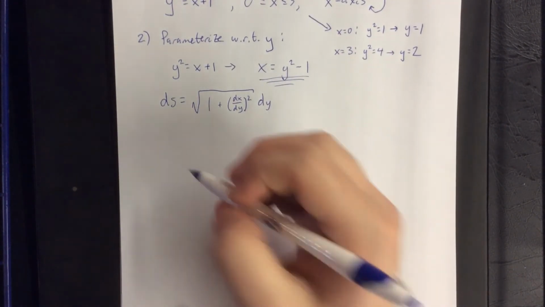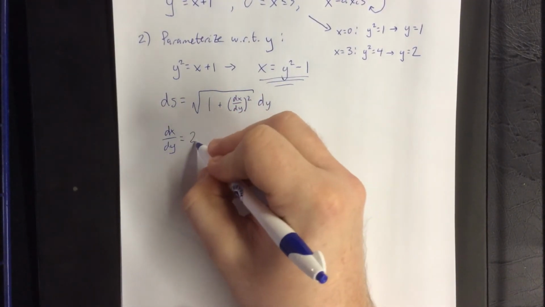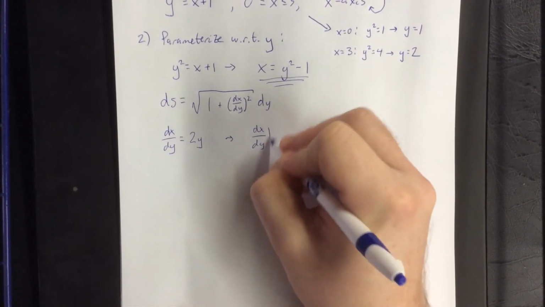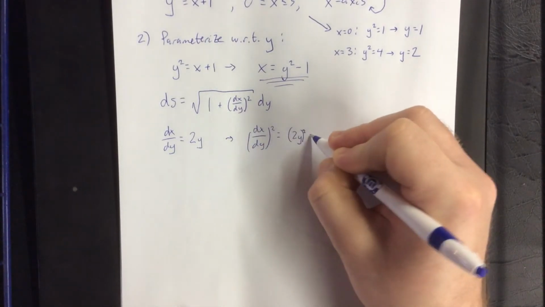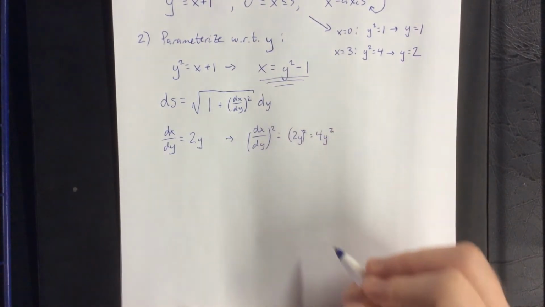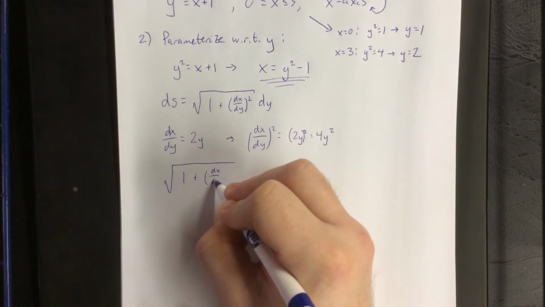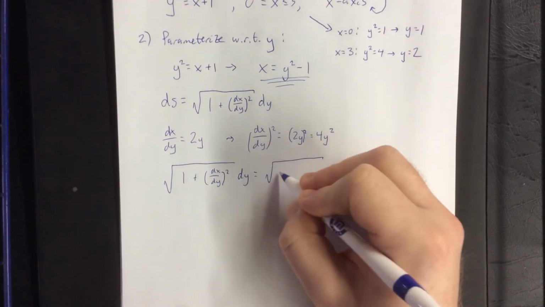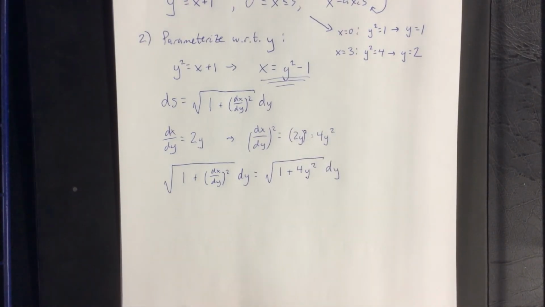So first thing is take a derivative. dx/dy is going to be equal to 2y, which we will then square. 2y quantity squared gives us 4y squared. Adding 1 and taking a square root is going to give us something that I recognize that we cannot simplify in its current form. So we'll just go ahead and call that the square root of 1 plus 4y squared dy. So this is what our expression for ds will be this time.